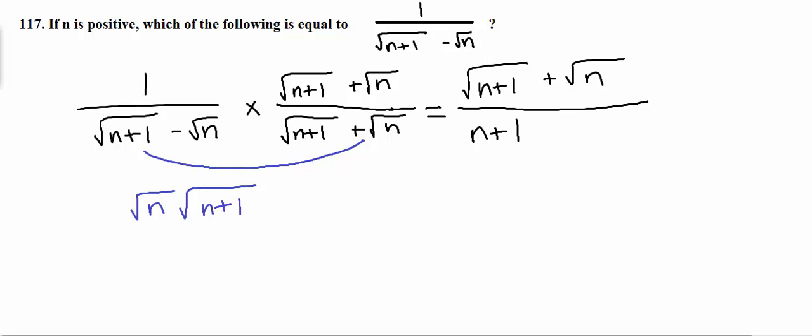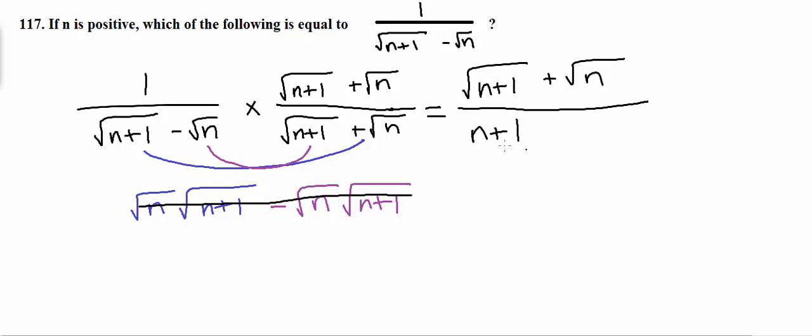But when I multiply these other terms, I get minus the square root of n times n plus 1. We don't even have to worry about what these multiply out to be. The important thing is that they cancel out, so we're not even going to write those.